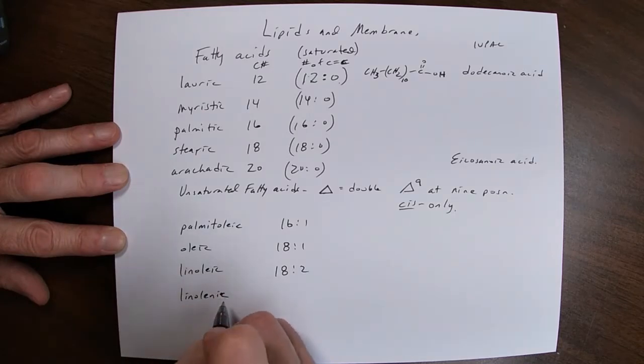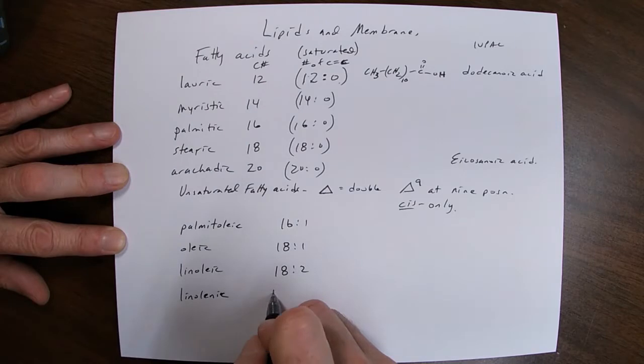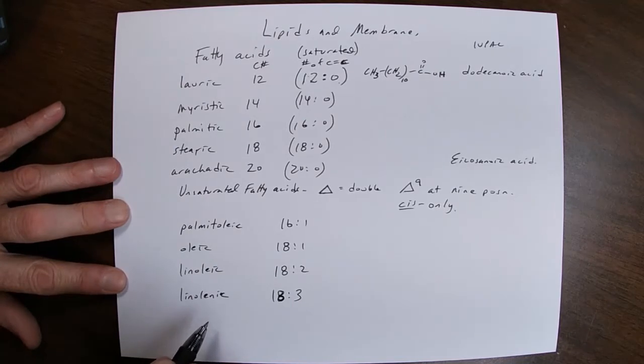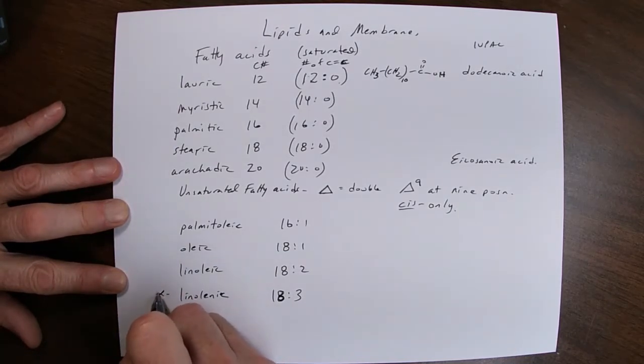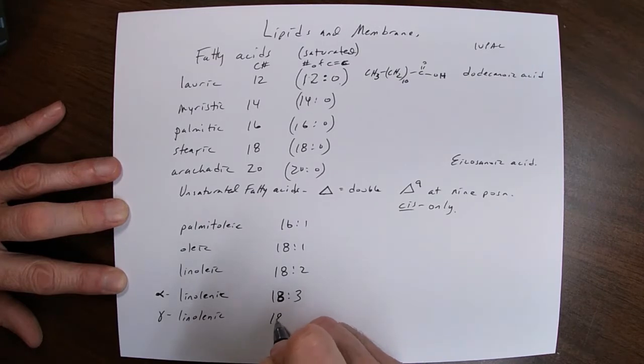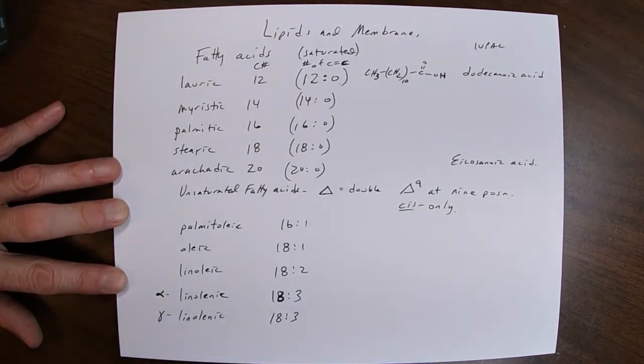Linolenic, notice the extra letter, linoleic and linolenic, has an 18:3. And there are 2 forms of linolenic. There is the alpha form and the gamma form. Okay. And they are both 18:3. The double bonds are in different positions.